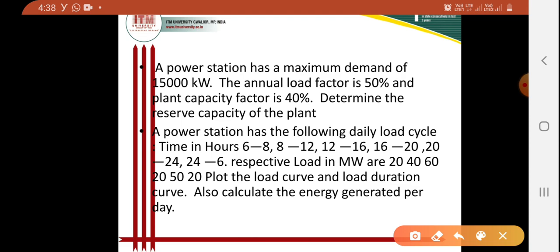The respective loads in megawatt are 20, 40, 60, 20, 50 and 20 respectively. So plot the load curve and load duration curve here, and also calculate the energy generated per day.